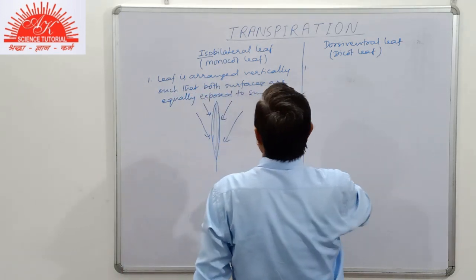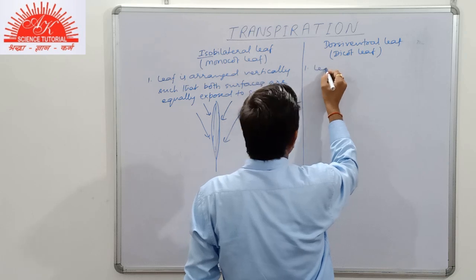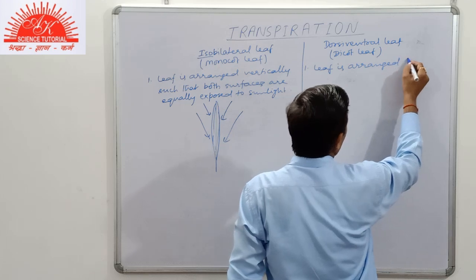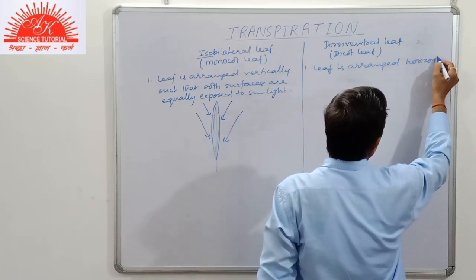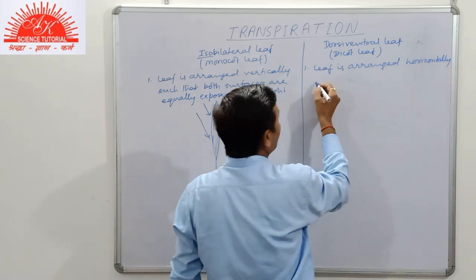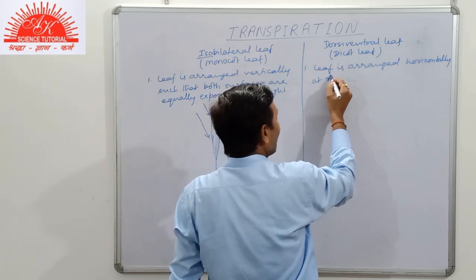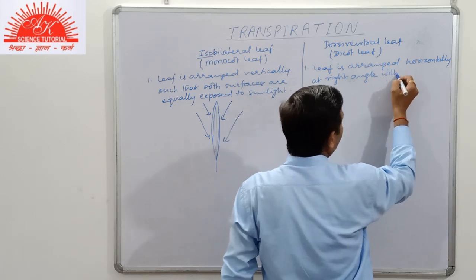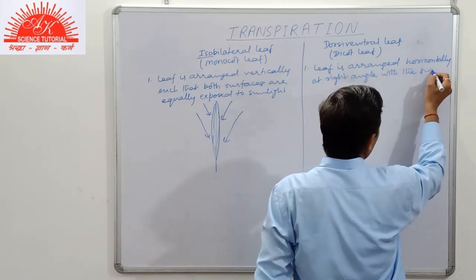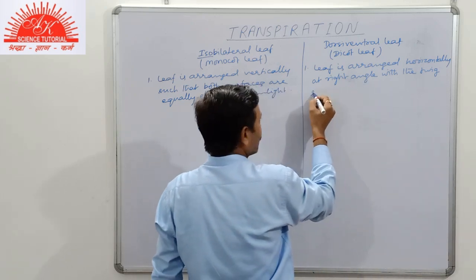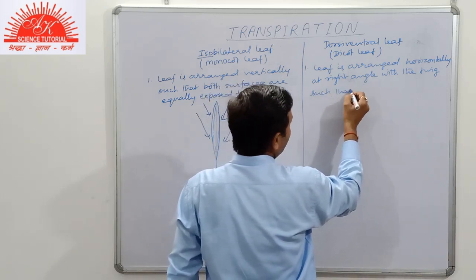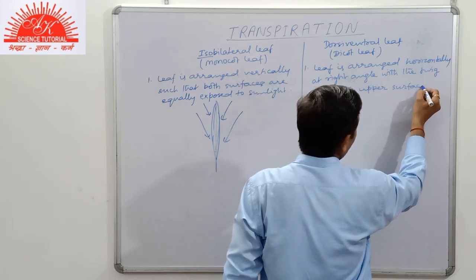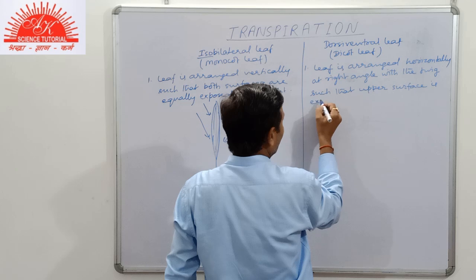But here the leaf is arranged horizontally at right angle with the twig such that the upper surface is exposed to sunlight.